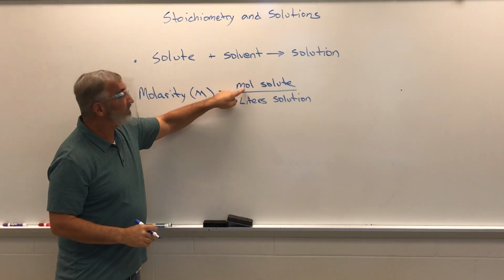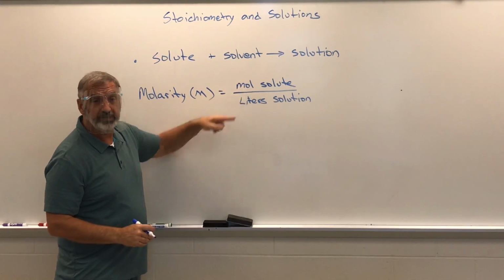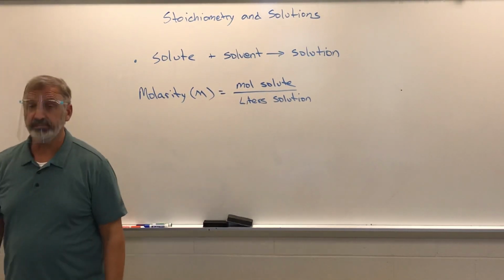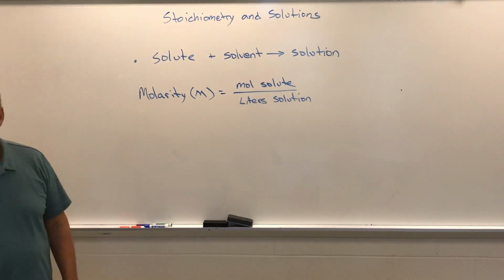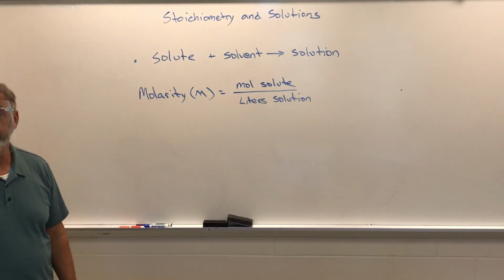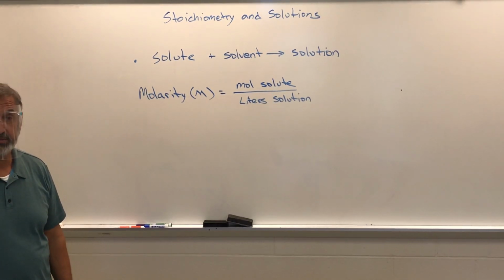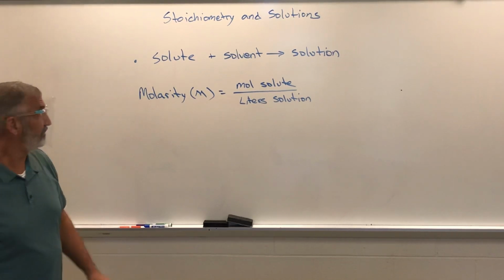So if we have something that's moles per liter, what does that make a conversion factor between? Not a hard question. Which is what unit? Liters. And what? And moles.